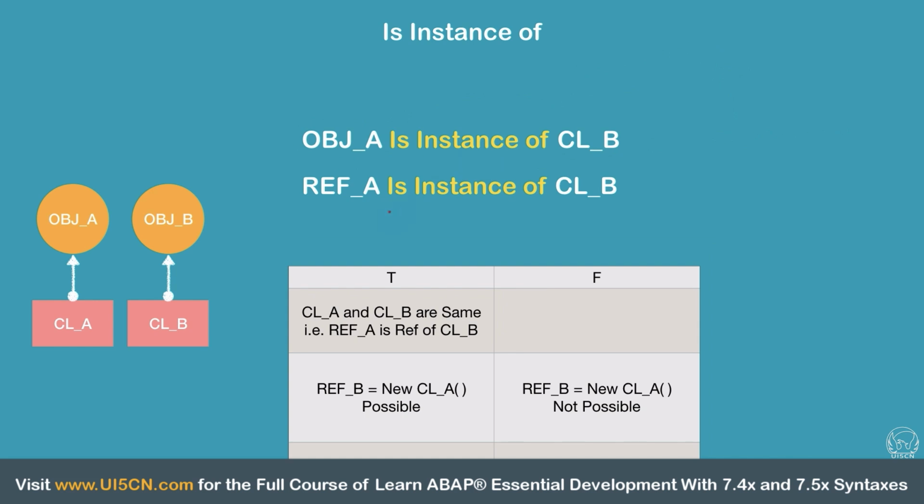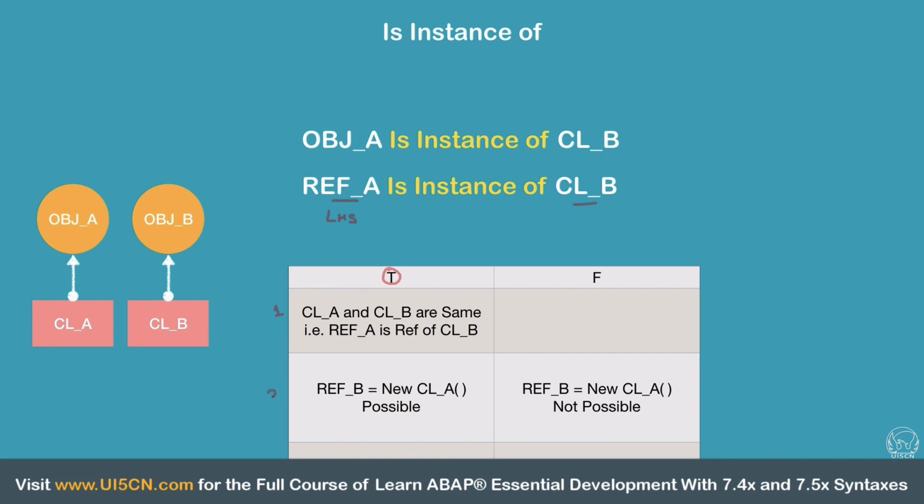When you do the same thing with a reference, that means on the left hand side you have a reference of A, and you are checking against the static type class CL_B. It will give you true if the reference is created from CL_B. That is the first case.